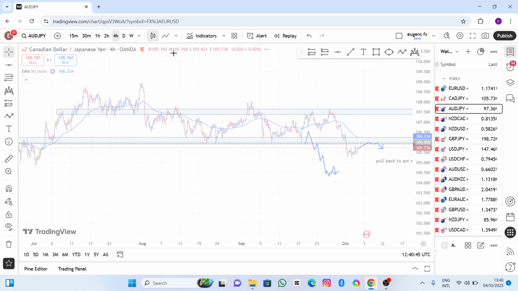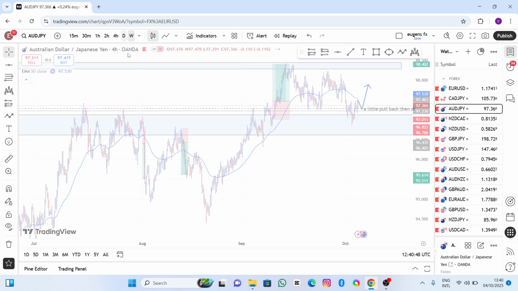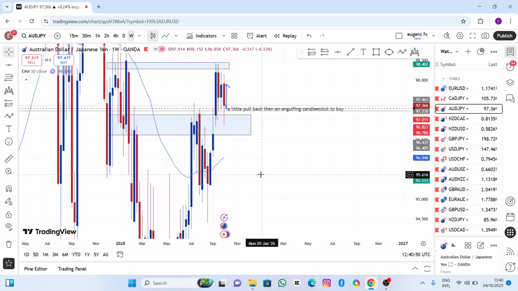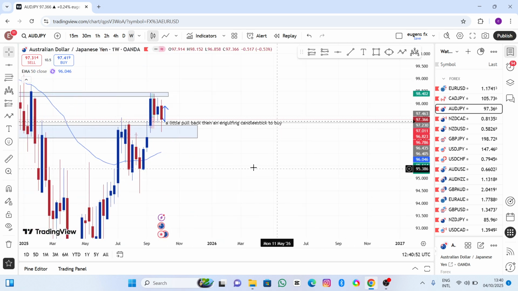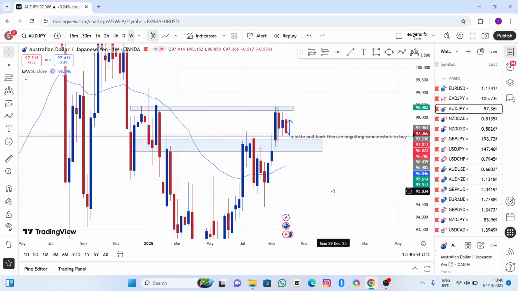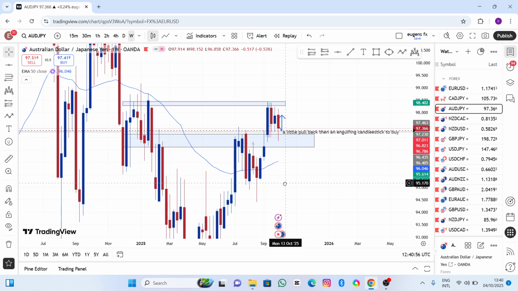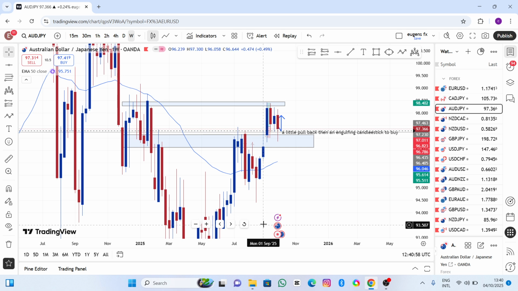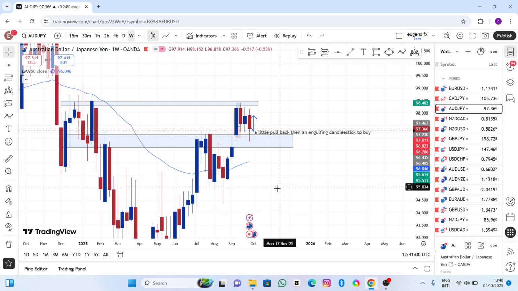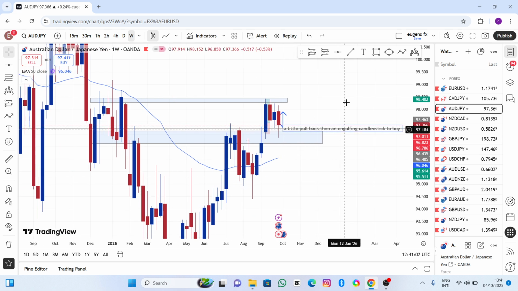Next, we have AUD JPY. On the weekly time frame, as you can see here, the market is clearly bullish.